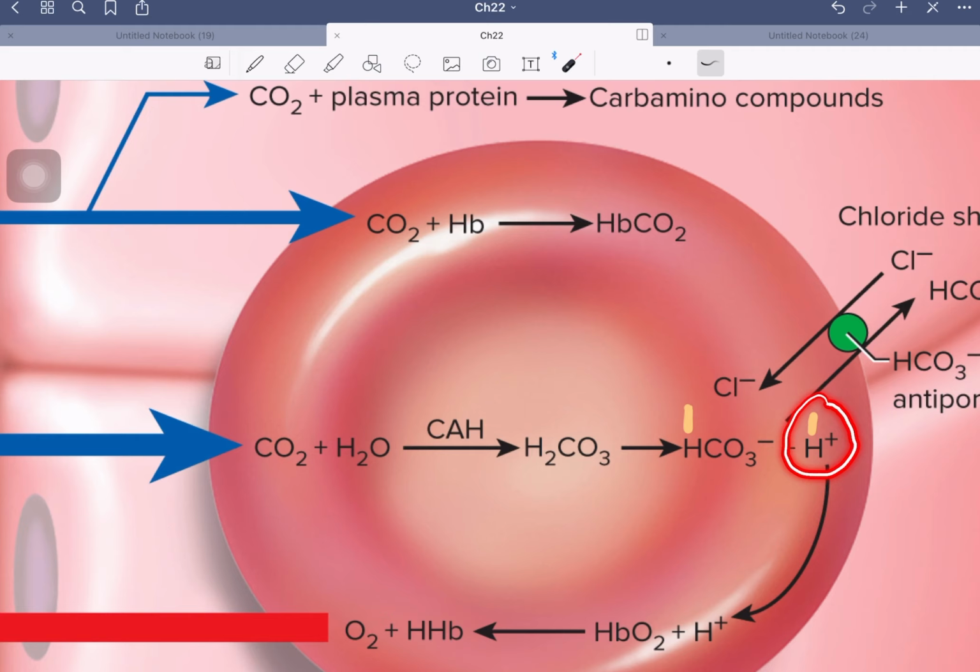Or another way of saying that is by looking at the acidity of fluids. Because if you consider this, for every one of these, I make one of these. So if I know how many of these exist, it gives me a good idea how many of these exist. And of course, this is where the carbon dioxide is hidden.